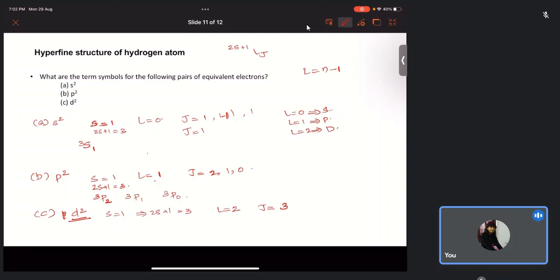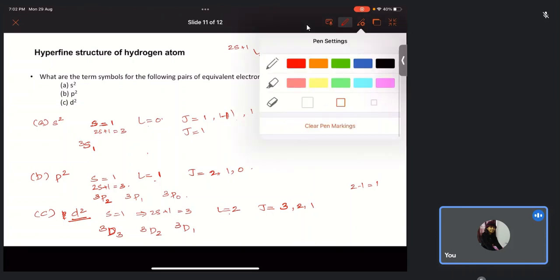L minus S is going to be 2 minus 1 is 1, right? So 3, 2, 1. So 3D3, as L is equal to 2 is why I have the symbol as D, 3D2, 3D1.